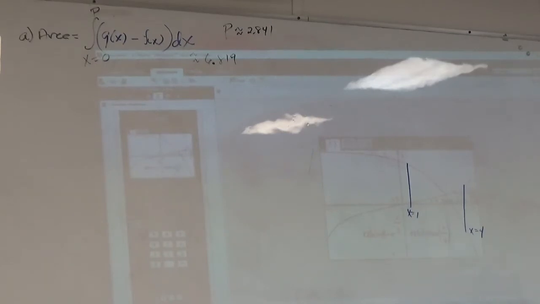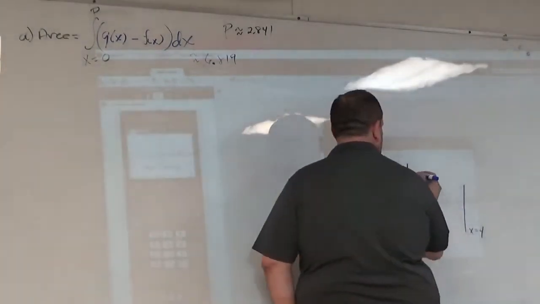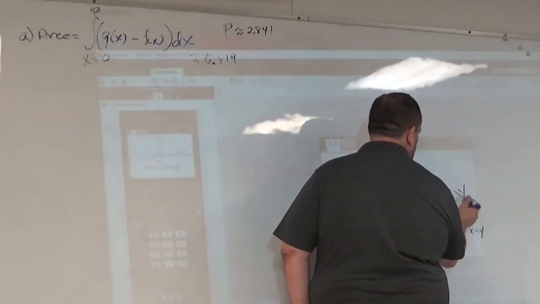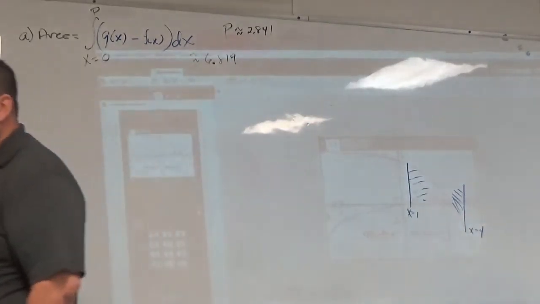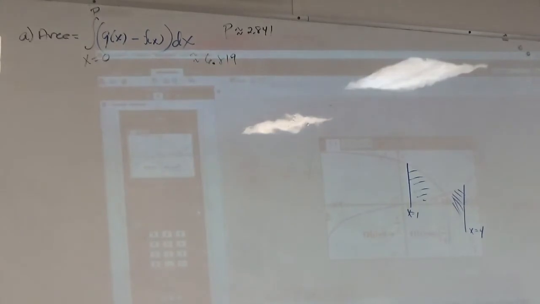How on earth are you going to find this area? The good news is just about everybody seems to have found the regions that we're looking for. Two different regions. Trust those instincts. You've got some good ones.